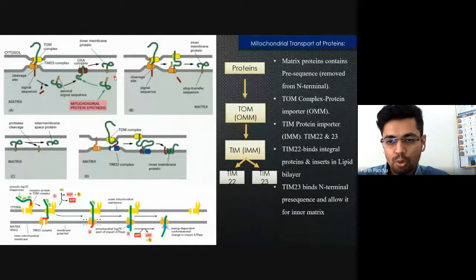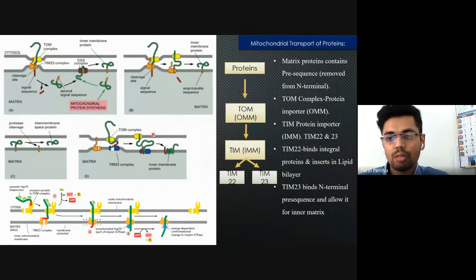If we have TIM22, that eventually cleaves and keeps the protein in the inner membrane, as an integral membrane protein. Whereas if TIM23 is there, that will eventually pass the protein to the other parts of the mitochondria. These mitochondrial proteins do the reaction with the help of ATP.